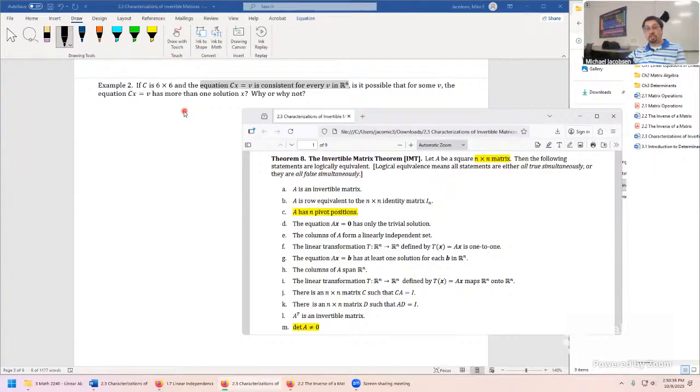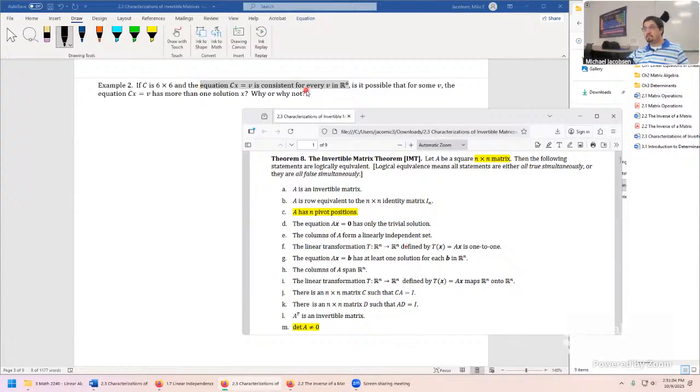The idea here is we want to relate part of the information about the problem and see what we can do with the statement here, part of the conclusion. So Cx equals v is consistent. That looks like part G, essentially. Part G says Ax equals b has at least one solution for every vector b in Rn. Well, that's more information when you say at least one solution.